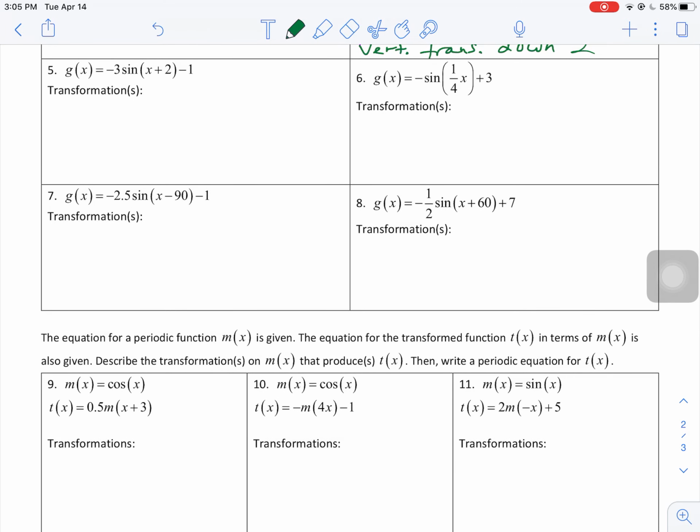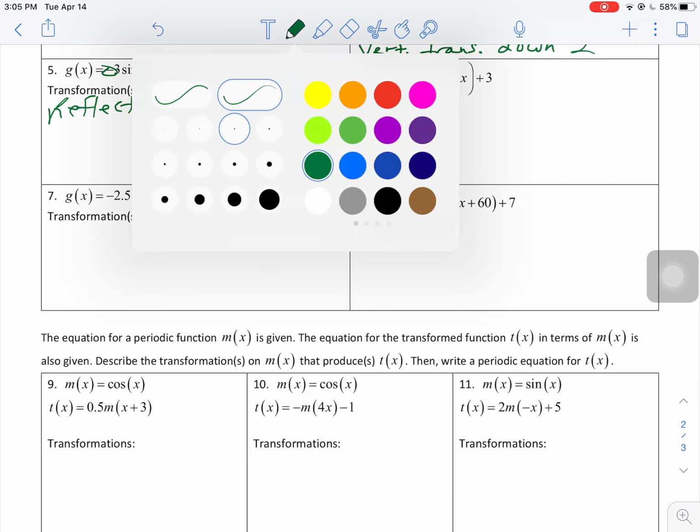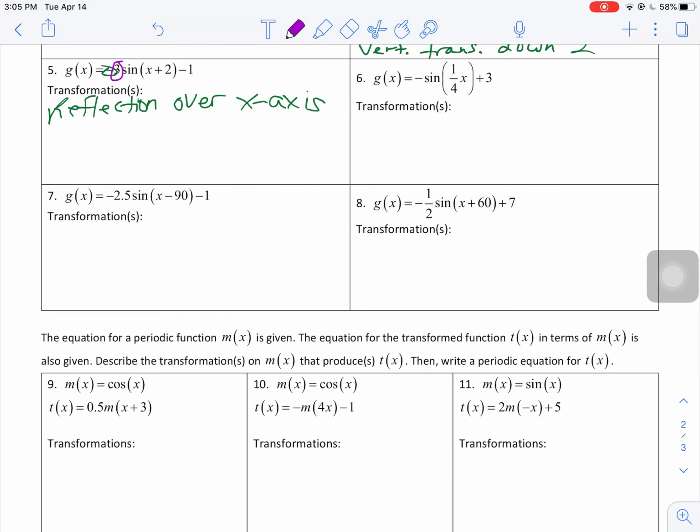So on 5, the negative in the front is your reflection over the x-axis. So that's your A value. The 3, it's greater than 1, so it's a vertical stretch by a factor of 3.